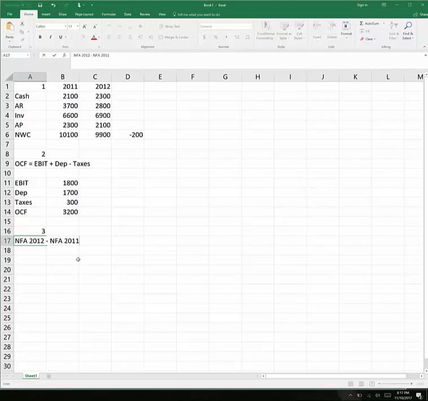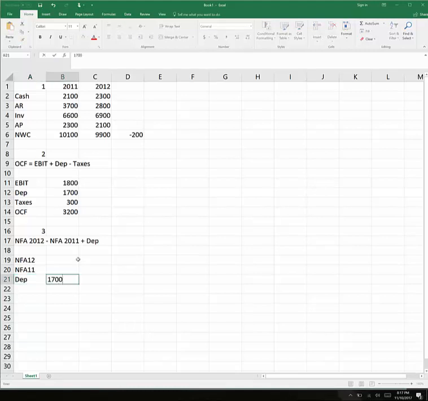But that's not fully accurate as far as how assets changed because we had a write down. So we need to add back whatever was written off in depreciation. So we'll take net fixed assets 12, net fixed assets 11, and depreciation.